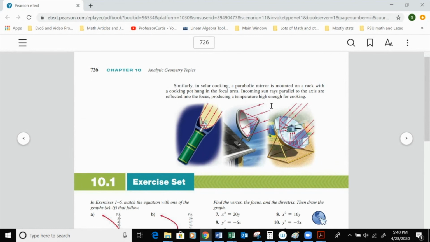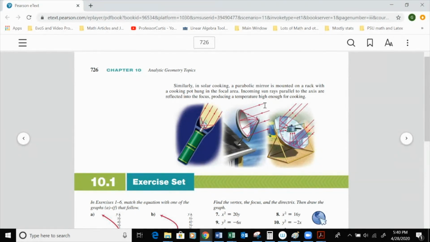And what happens with a parabola, because of its shape, and this is what's so remarkable about it, no matter where the parallel line hits, here really close to the edge, here closer to the center, they always reflect in such a way that the ray goes through the focus.